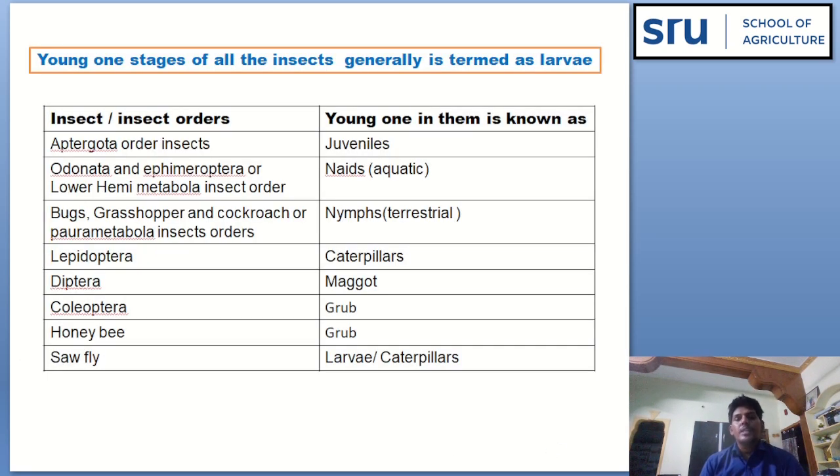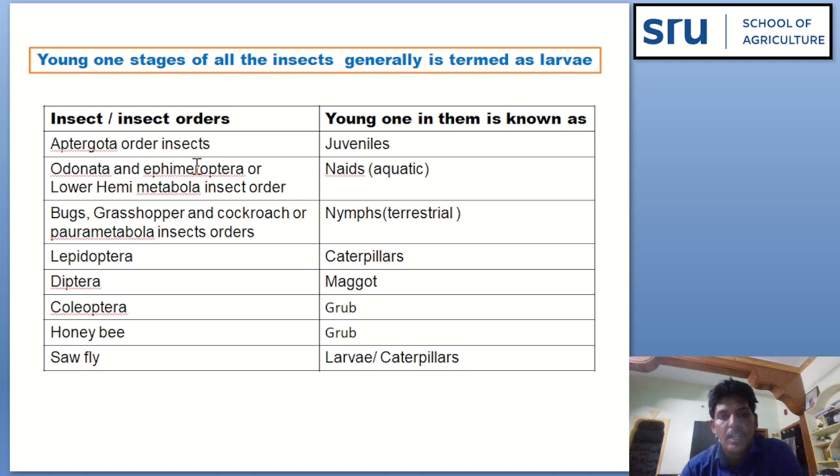The young stage of all insects is generally termed larva, but it differs in particular insects or insect orders.